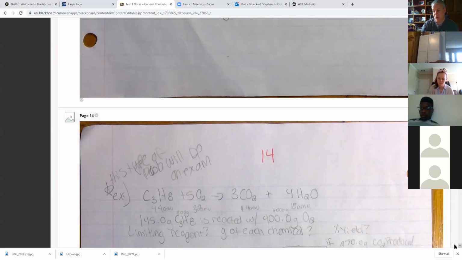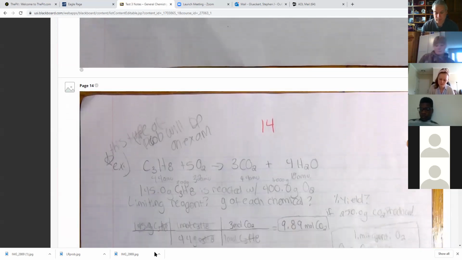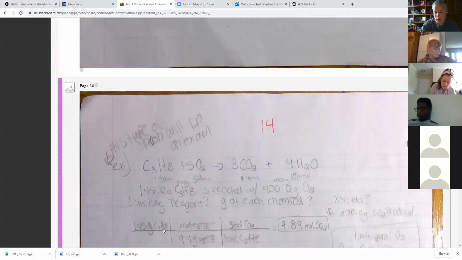All right, let's take a look at that. From my 145 grams of C3H8, what's my scheme? We said we wanted to relate that to product. Remember, for two chemicals to talk to each other, they have to be in terms of moles. So my scheme is to go from grams of C3H8 to moles of C3H8, and then moles of C3H8 to moles of product.